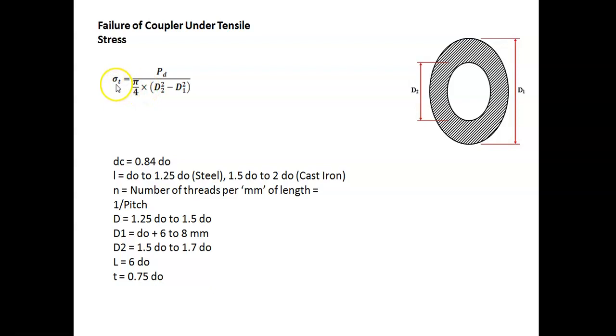Again check whether the induced stress is less than the design stress or not. If it is less, then it is okay. But if it is not less than the design stress, or it is more than the design stress, then we have to increase the basic value of the core diameter of the nut.